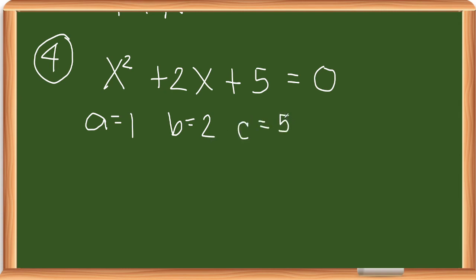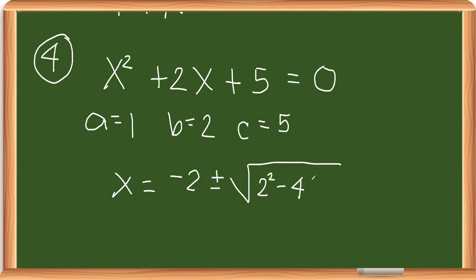Using the quadratic formula now, x is equal to negative B, which is 2, plus and minus the square root of B squared, which is 2 squared, minus 4 times 1 times your C, which is 5, all over 2 times 1.